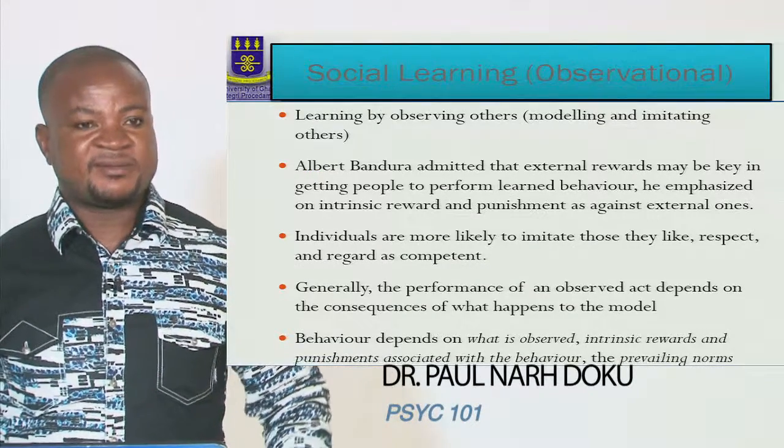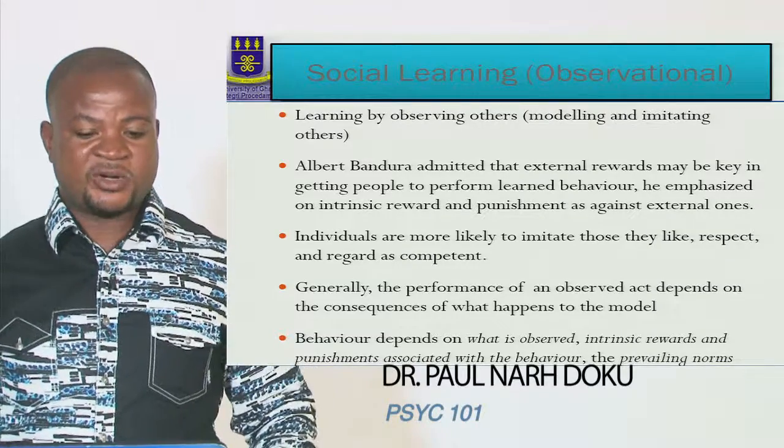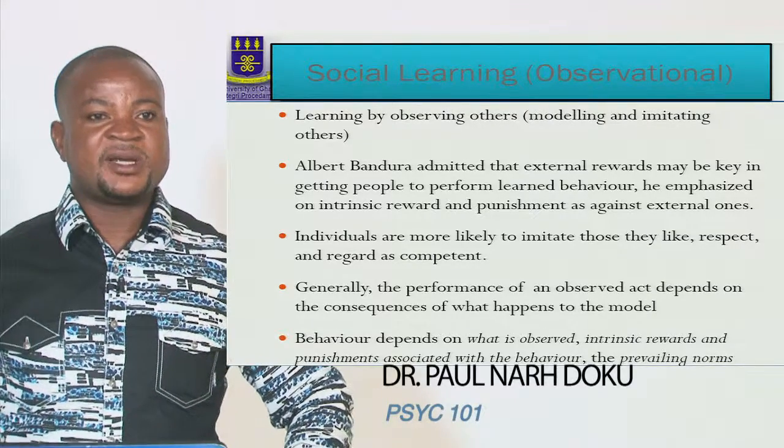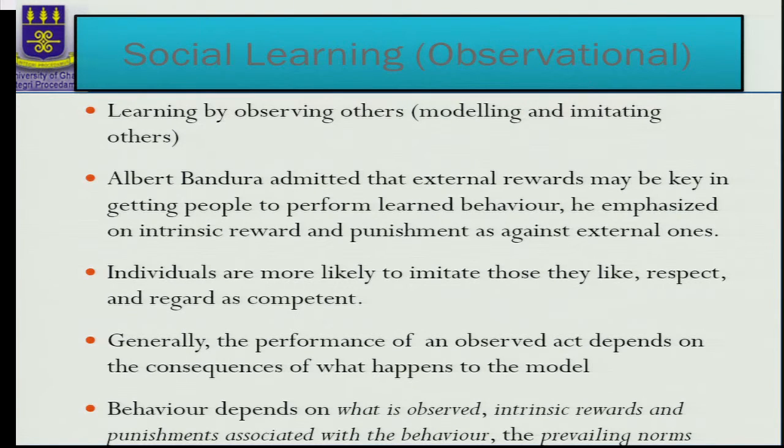And then we have social learning, or learning by observation, which we also call imitational learning. It says that most of the time the behaviors that we exhibit are not because we are being rewarded, and not because we are associating one thing with the other, but because we see others exhibiting that behavior. That is why we also exhibit them.